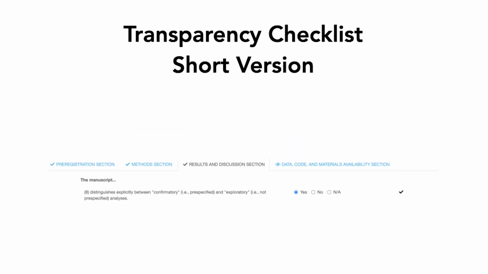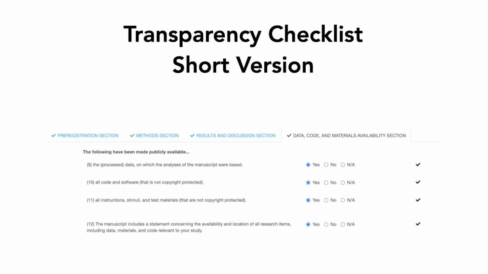The third part of the checklist addresses the results and discussion section of your manuscript. The only question there is whether your manuscript distinguishes explicitly between confirmatory pre-specified analysis and exploratory or not pre-specified analysis.